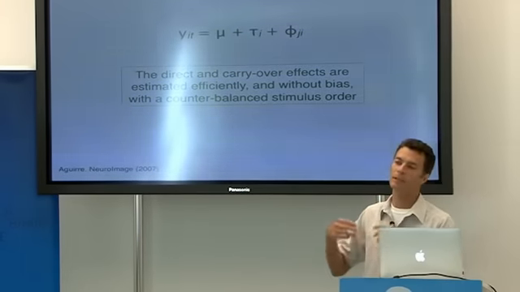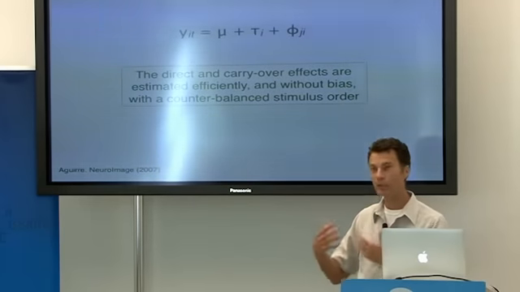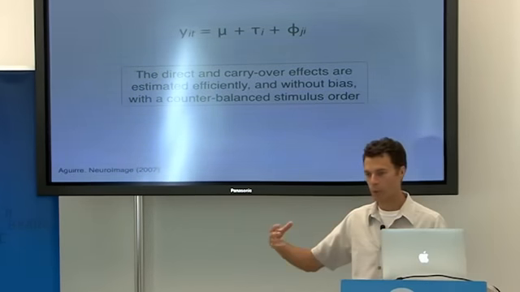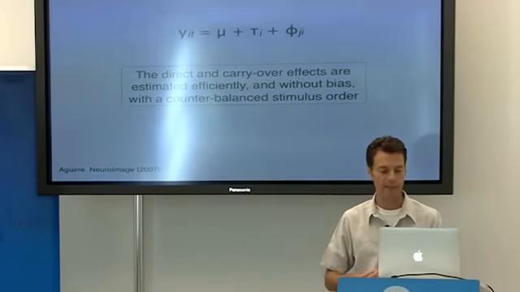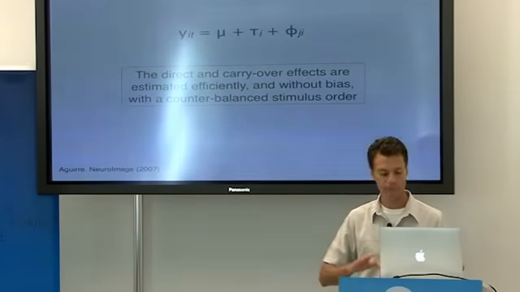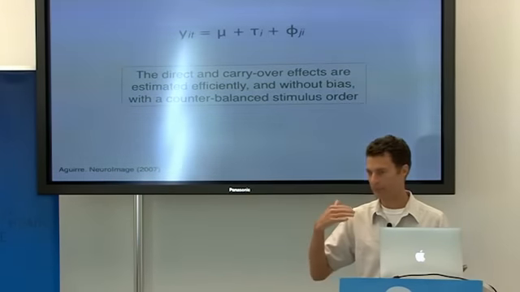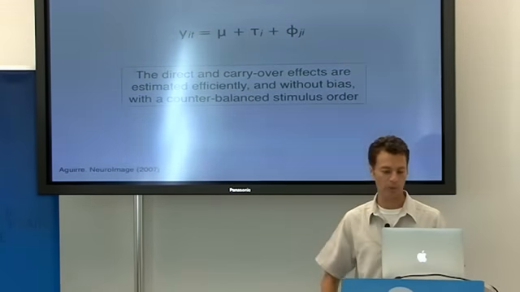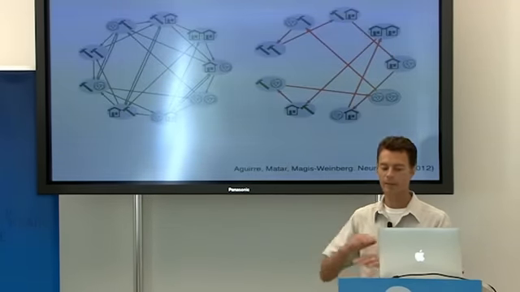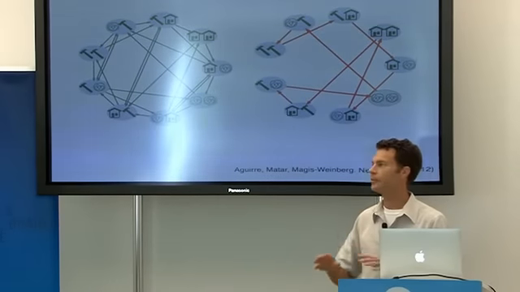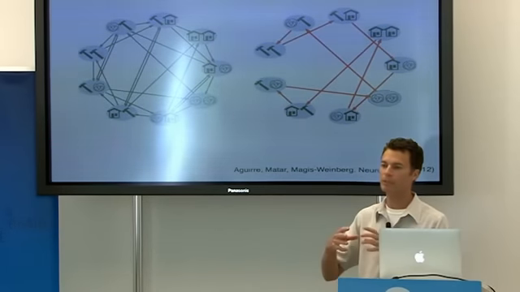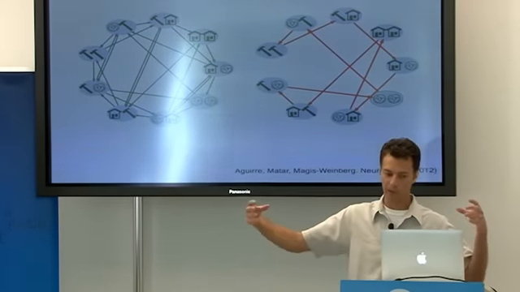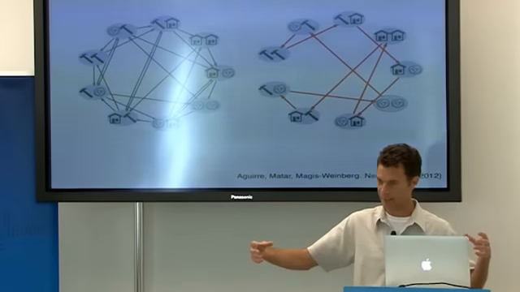So there's an interesting topic to discuss here about how one creates counterbalanced stimuli or counterbalanced sequences. I will just say generally, and this is something that we can discuss more on Friday if folks are interested, that there is a mathematical technique using graph theory that can be used to create sequences of items which are counterbalanced like this.